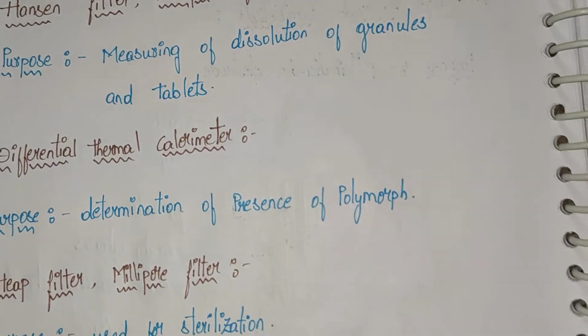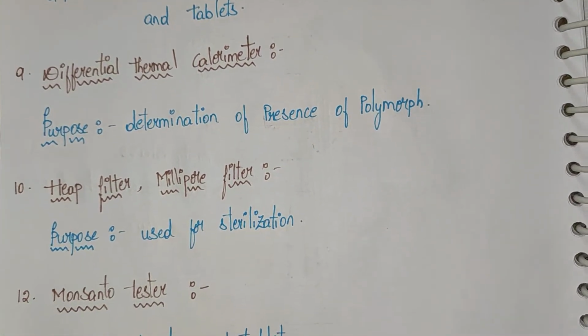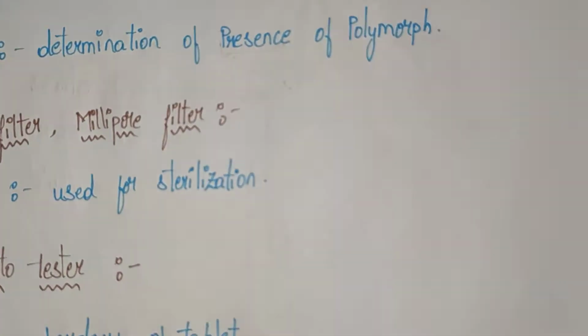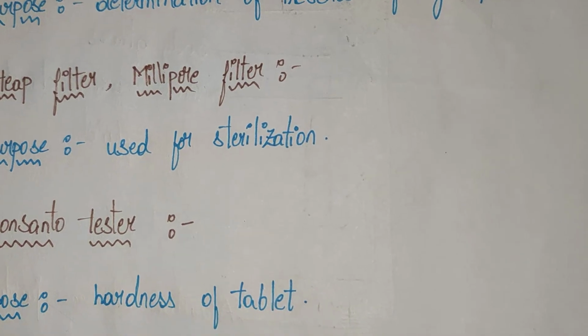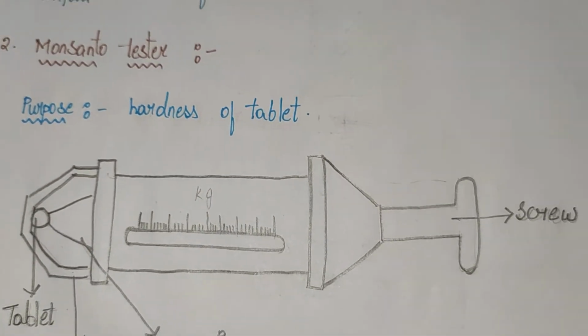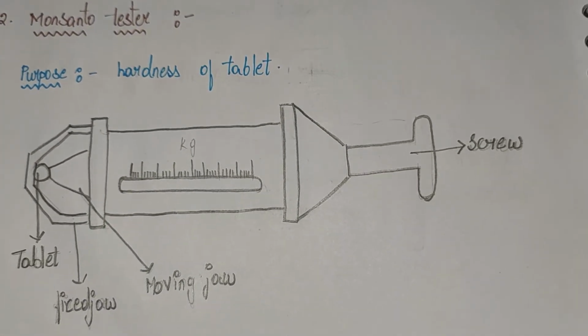It is used for the determination of the presence of polymorphs. And next one is the Seitz filter and Millipore filter. It is used for sterilization. And next one is the Monsanto tester. It is used for measuring the hardness of a tablet.